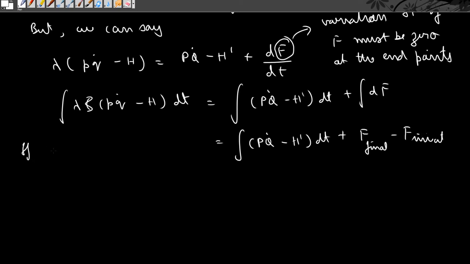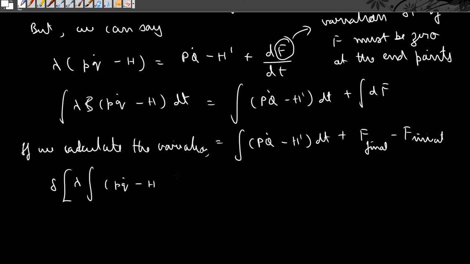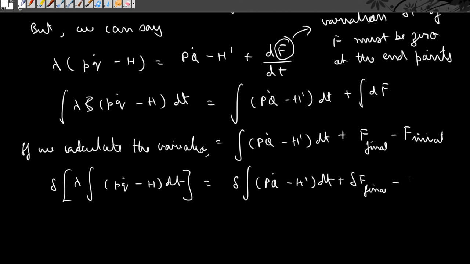Now if we calculate the variation, we have the variation of lambda times the integral of (p q dot minus H) dt equal to the variation of the integral of (P Q dot minus H dash) dt plus the variation of F final minus the variation of F initial.